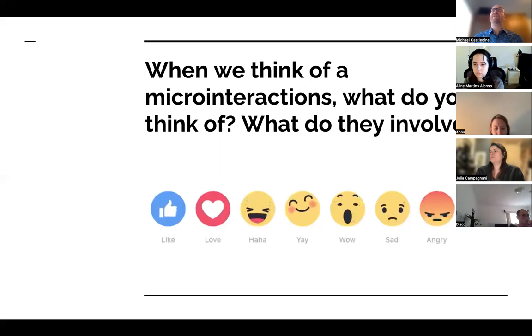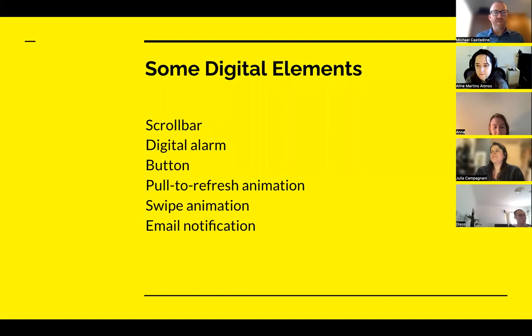So think of micro interactions as the secret sauce. I like to use it as the secret sauce to UX and UI because it adds that element of delight. It adds to websites and applications, and it's initiated by a trigger, right? A single purpose. So some of those digital elements, and there are many, but a scroll bar is a micro interaction. A digital alarm, an icon that just shakes and has a sound to it, right? So it's multisensory.